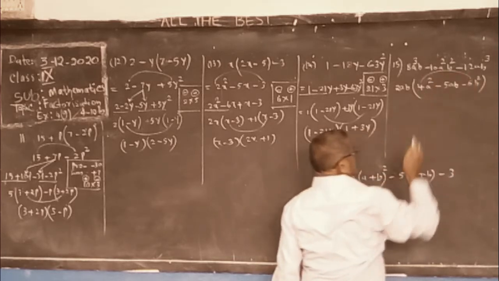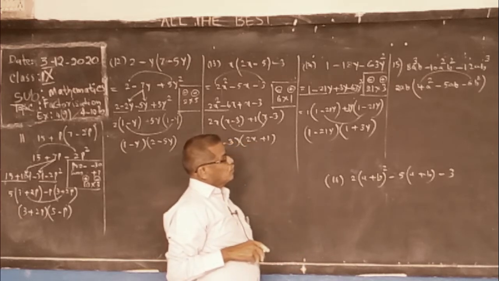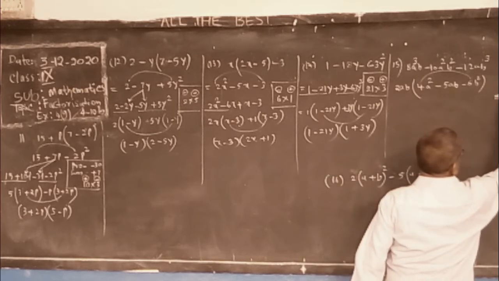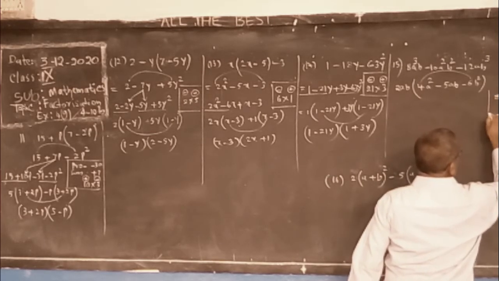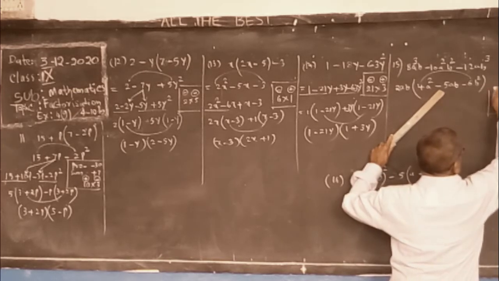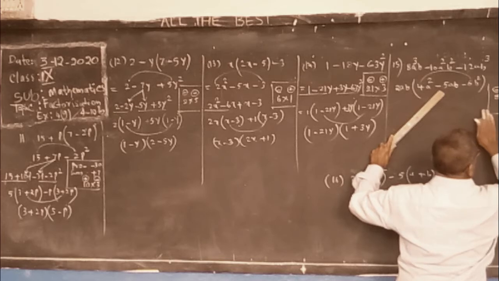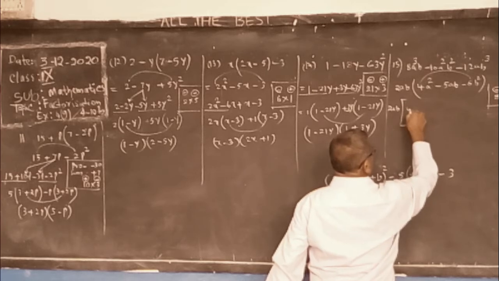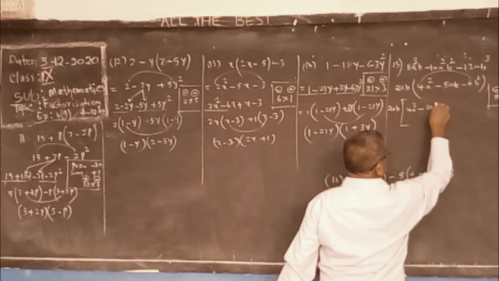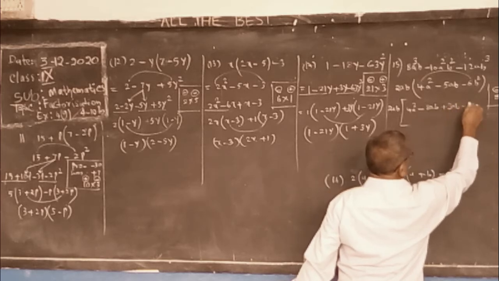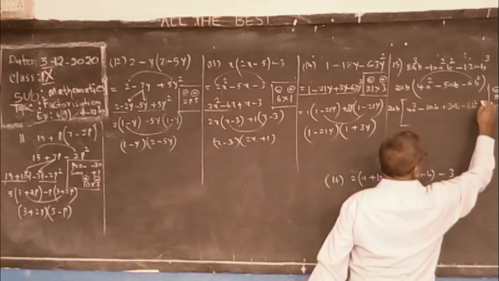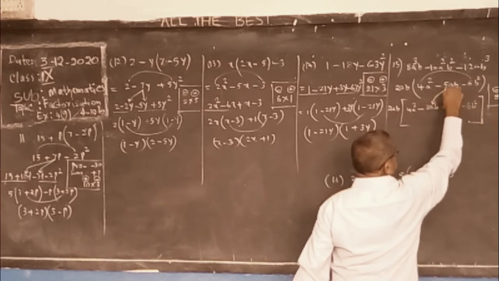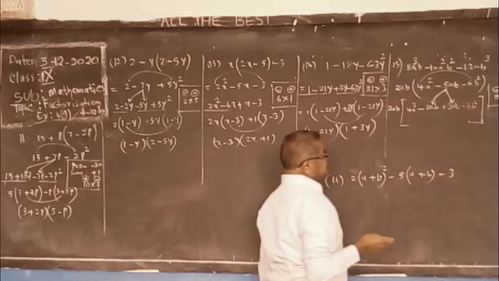The product is minus 24, and in the middle 5 is there. 8 times 3. In the middle, what is there? Minus is there, so put minus for the bigger and plus for the smaller. So split 2ab of 4a squared minus 8ab plus 3ab minus 6b squared. This 5ab is written like this, splitting into two terms.